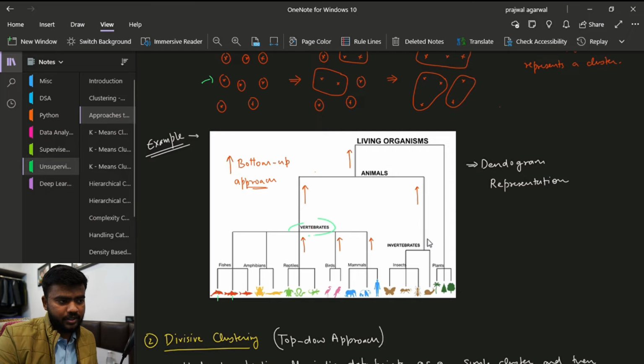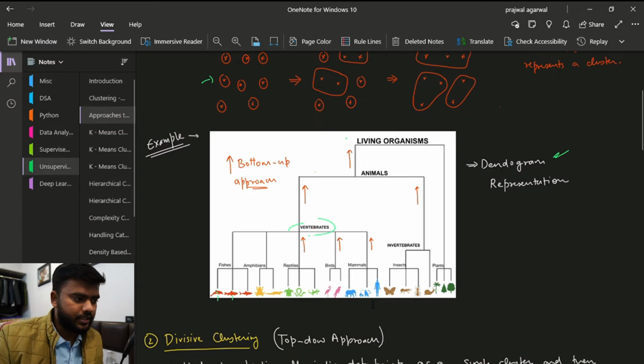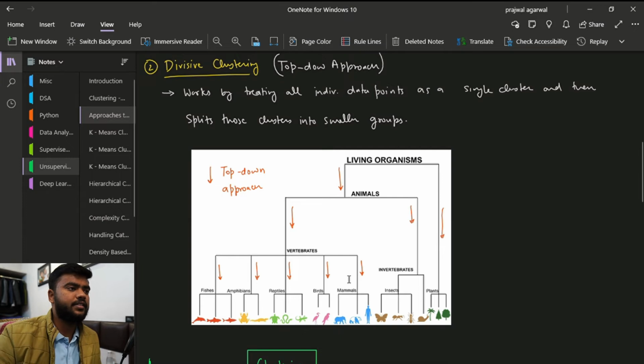All these vertebrates are very different from each other, but when we compare them with invertebrates, they are all very similar to each other. So this is the approach that we have towards agglomerative clustering. We go from the least level to the highest level, and this particular representation is what we call a dendrogram representation.